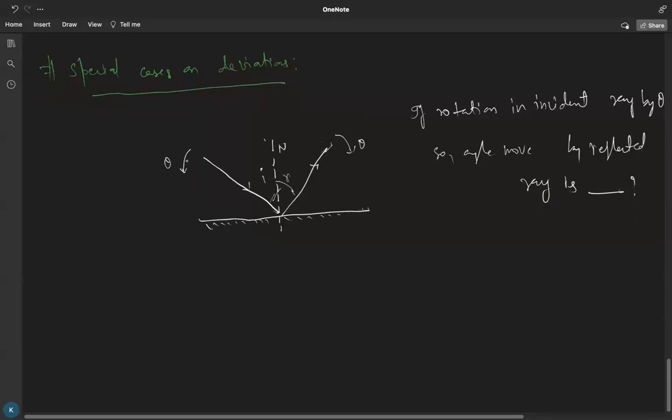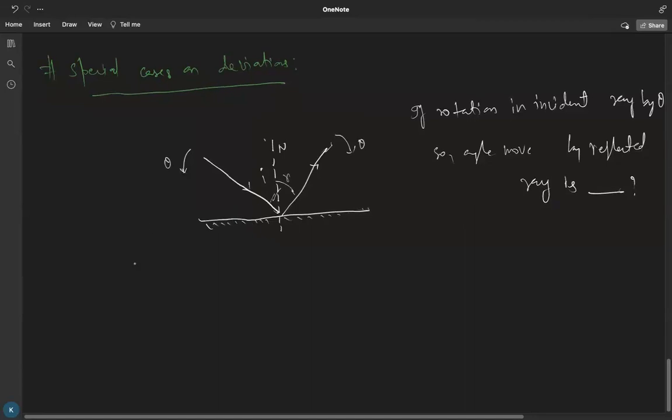So if you rotate the incident ray by theta, our reflected ray is also rotated by angle theta, because we have to maintain the laws of reflection, right?